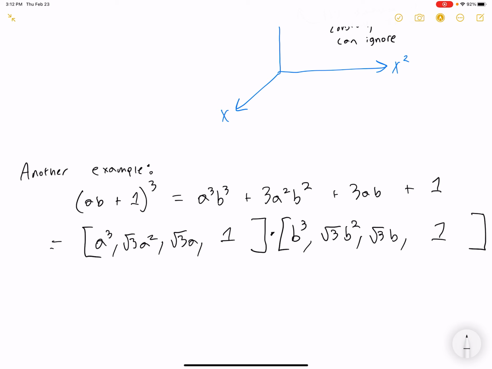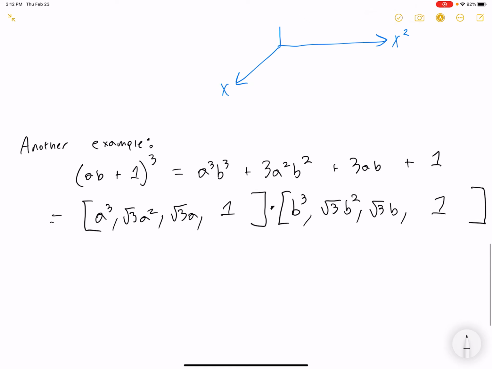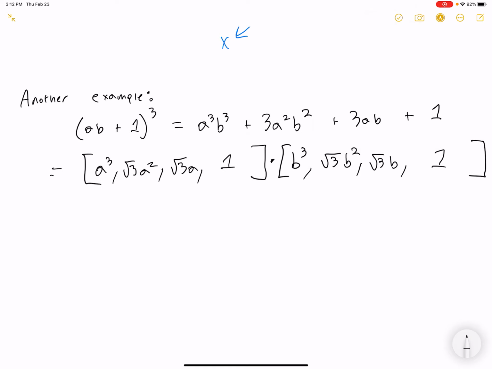So we ignore the 1 dimension, but once again, we just do this simple calculation in 1-dimensional space, and we get the dot product that we would have gotten if we had converted our 1-dimensional data into 3 dimensions, or 4 dimensions with the 4th being a constant, where x cubed, cube root of 3x squared, cube root of 3x would be the axes in the higher dimension.